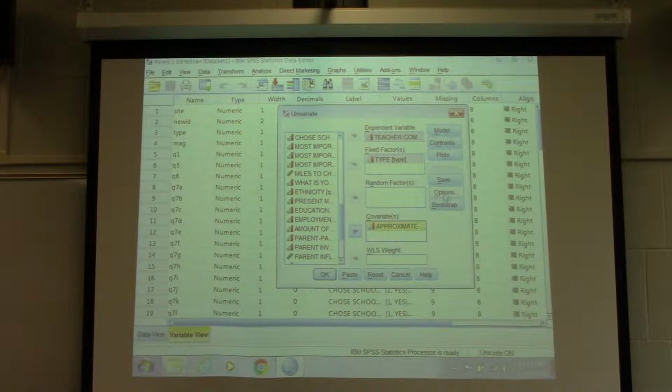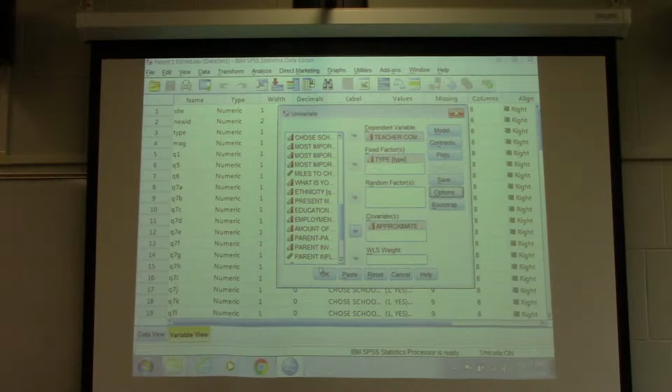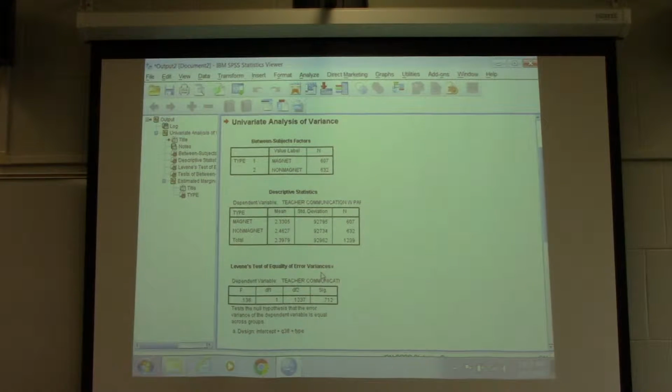Next, I move over to options, and I want to see the means for the school types. I want to click descriptive statistics, and I want to click homogeneity test, that Levene's test. I click OK and run the test, and here's an output of an ANCOVA.